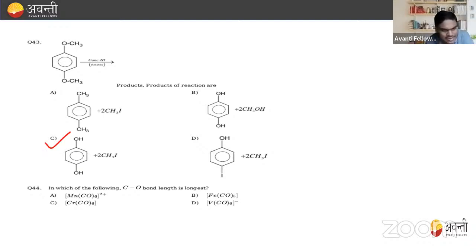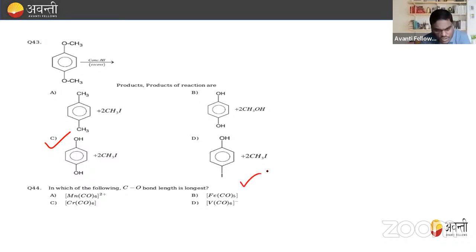Because the OH group of phenol cannot be replaced by iodine, as it does not undergo nucleophilic substitution reaction under normal conditions. So that's why the correct option for this question is C.